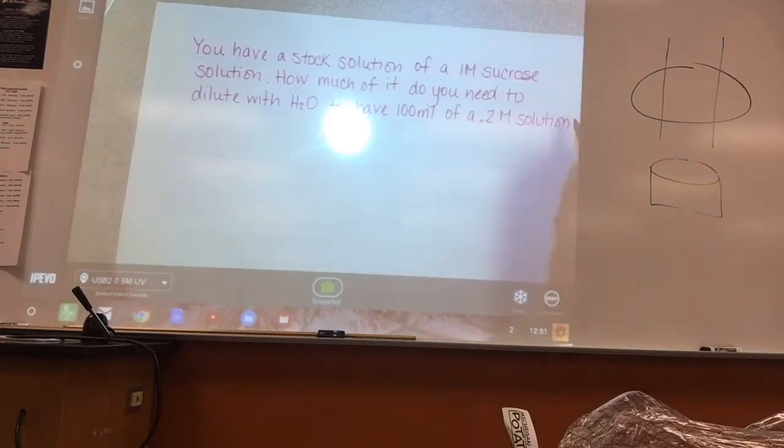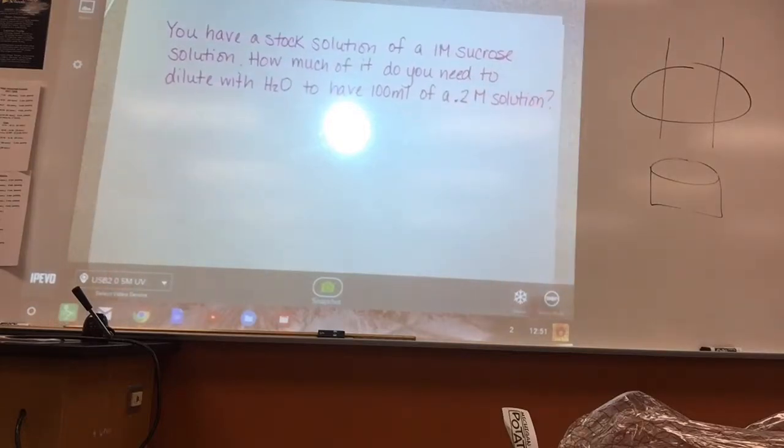Start out with 1 molar. So how much of the original solution do I need to add water to, to make 100 milliliters of a 0.2 molar solution?